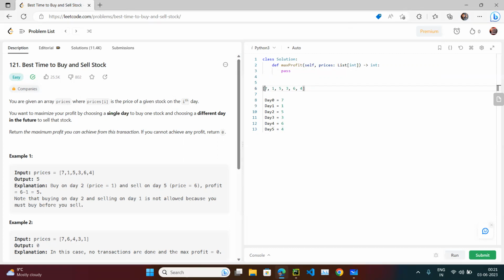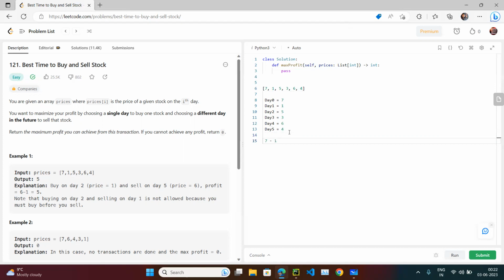As an example, if you buy on the first day, at 7, and sell on the second day, at 1, you purchase the stock at rupees 7 and sell at rupees 1, so you will bear a loss.